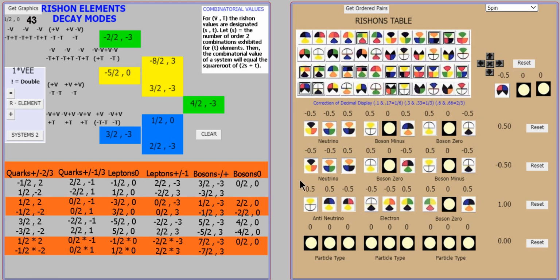So therefore, the total spin on the tau neutrino is now -1/2. Now, previously, the spin was 1/2 on the tau lepton.